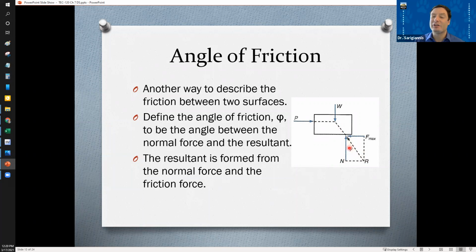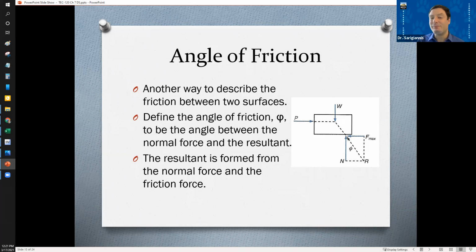The resultant is formed by the normal force and the friction force. In other words, you've got a force triangle here: friction max, normal force, resultant force, tip to tail.